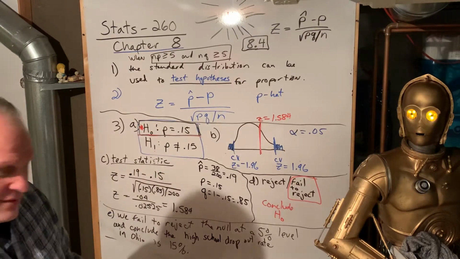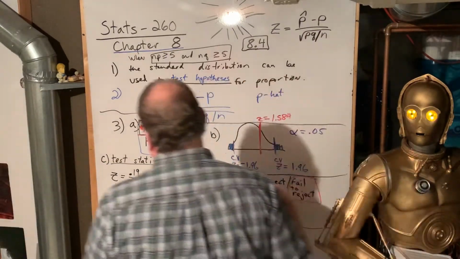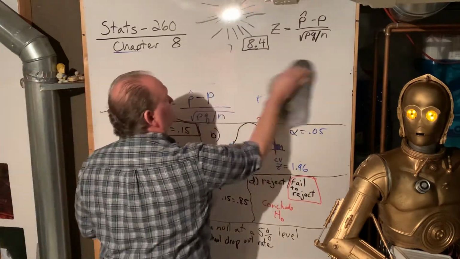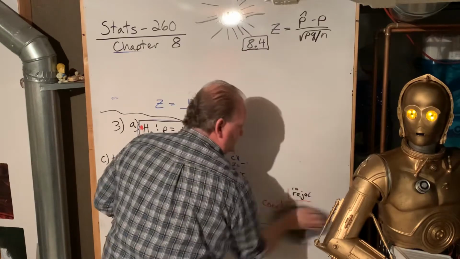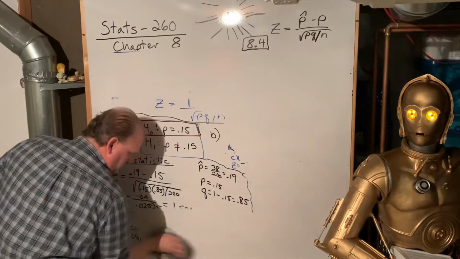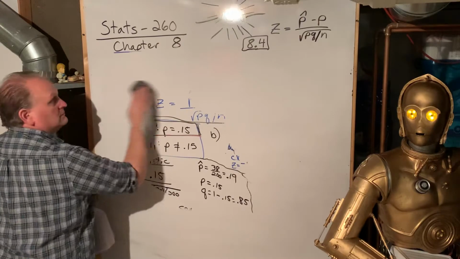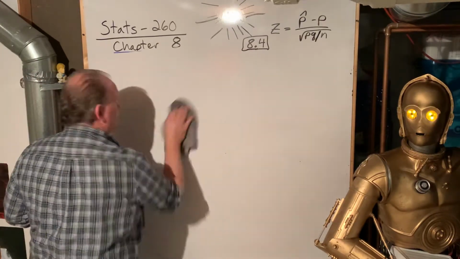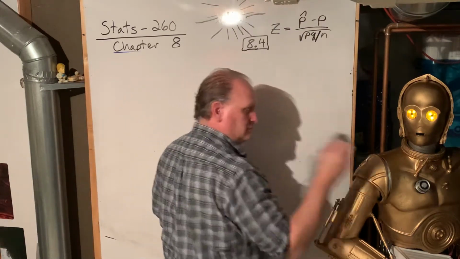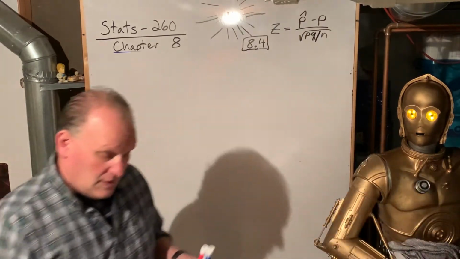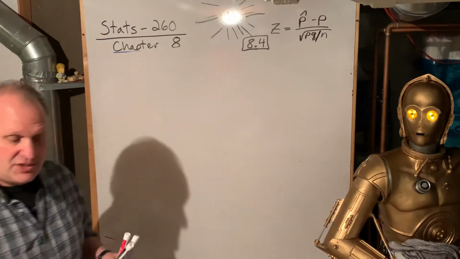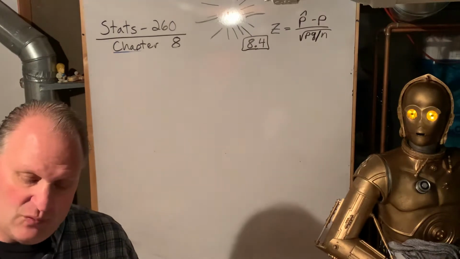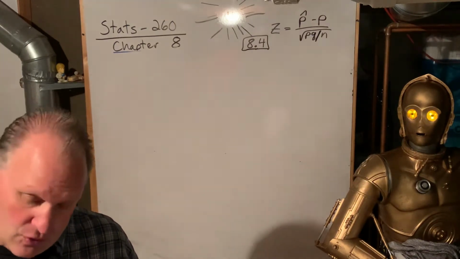Okay, let's look at another one. A statistician read that 77% of the population opposes replacing $1 bills with $1 coins.